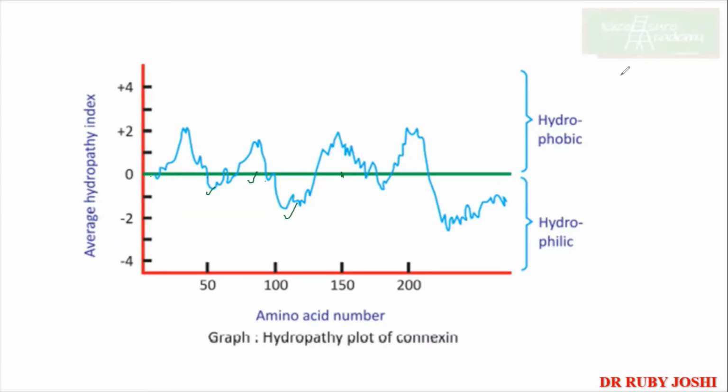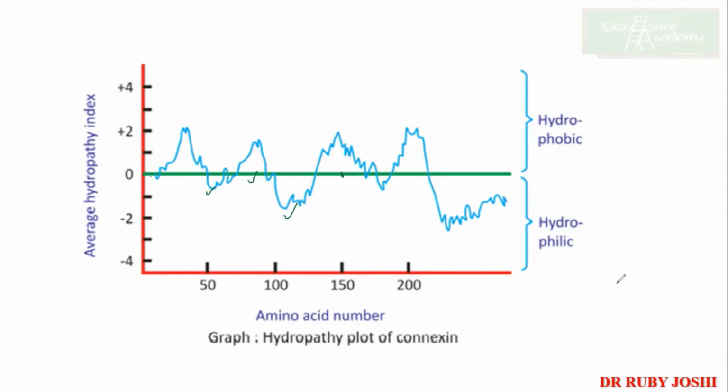Obviously, we know that most proteins tend to keep their hydrophobic amino acids in the center, because otherwise they would be exposed to the aqueous solution, so they keep hydrophilic amino acids outside. That is in general. But this plot will not tell you that; it will tell you how much hydrophobicity or hydrophilicity is present.